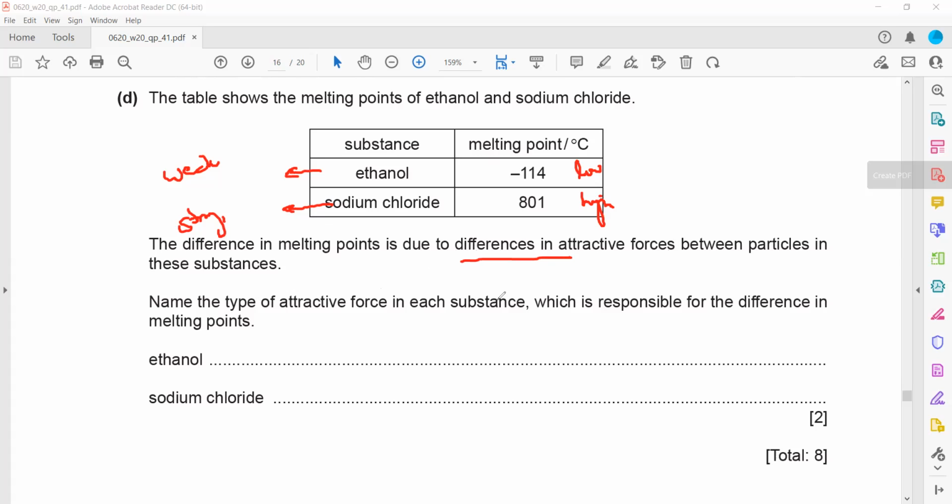Name the type of attractive force in each substance which is responsible for the difference in the melting point. So for ethanol, there will be a force between the molecules, and for sodium chloride, there will be a force between the ions. So the type of attractive force will be called a weak intermolecular force between the molecules.